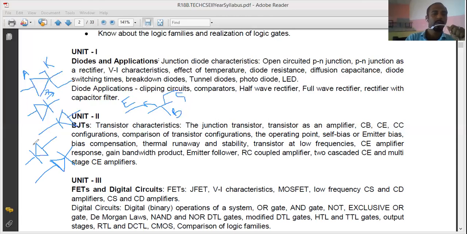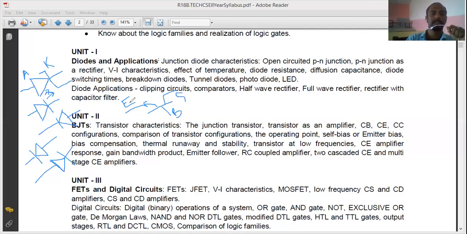When you talk of a PNP transistor, the charges that will be flowing in a p-type region will be holes. If you talk of an NPN transistor, the charges that will be flowing will be electrons. All right. So whatever the charges we are talking about, the emitter gives out all the charges, and it is getting collected by the collector.